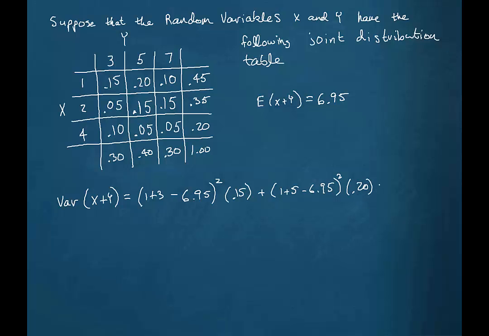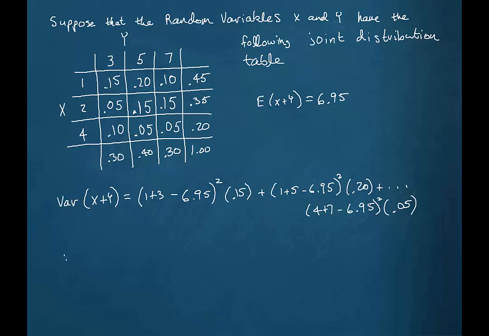And then we'll continue to do this for every combination of x and y values until we get down to the last one, 4 plus 7 minus 6.95 squared times that probability, 0.05.